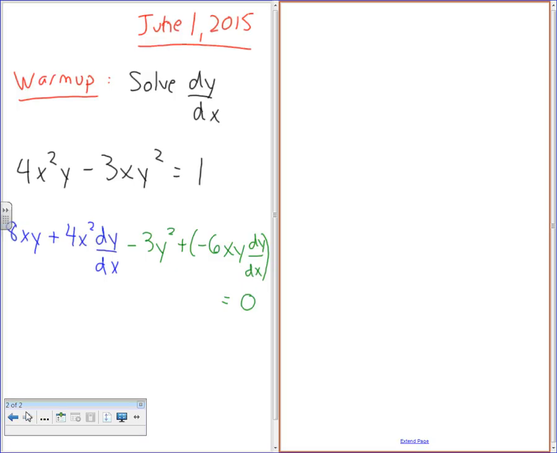I'm going to say 4x squared dy by dx minus 6xy dy by dx equals 3y squared minus 8xy. So what I did was I put all the dy by dx's on the left and everything else on the right. Can someone other than Nate be brave, please, and tell me what happens next?